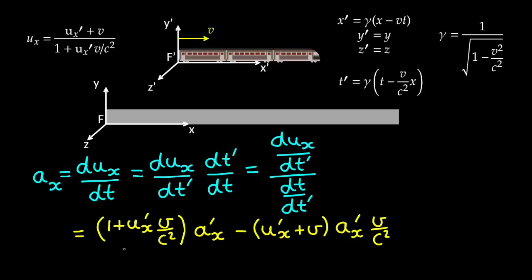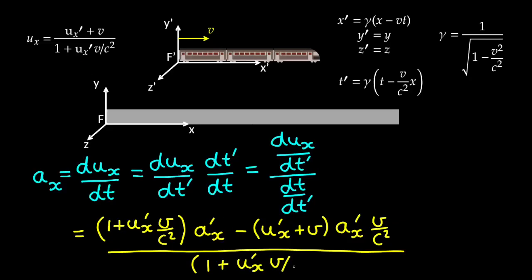And that's divided by the square of the expression in the denominator, so 1 plus ux' v on c squared, all squared.